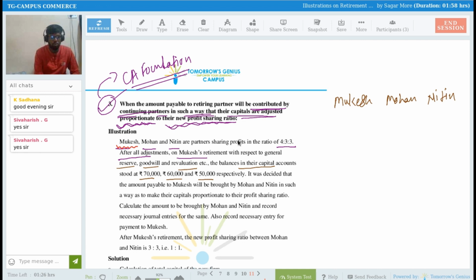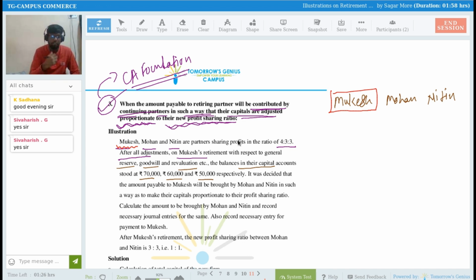Today, Mukesh is retiring from the partnership business, and on the occasion of Mukesh's retirement, we have done all the adjustments. We have prepared the revaluation account. We have given effect to the goodwill, everything.